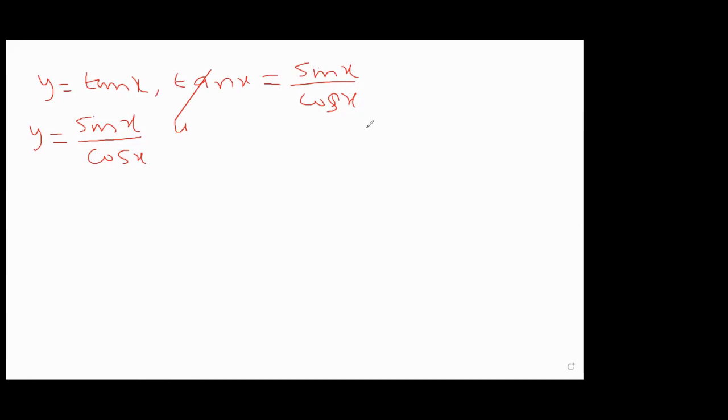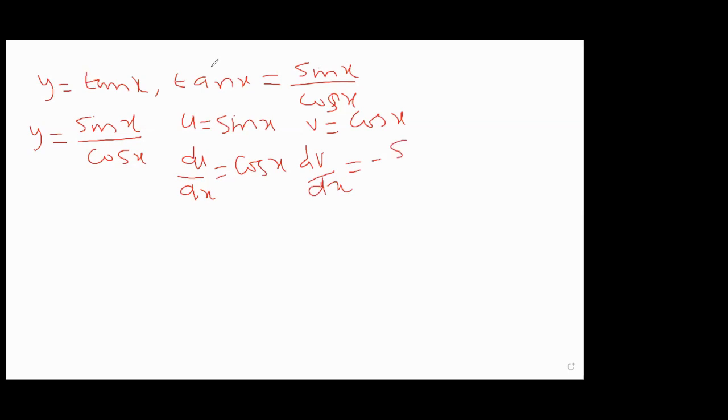Then we have u equals sin x, v equals cos x, du/dx will give you cos x, dv/dx will give you minus sin x.